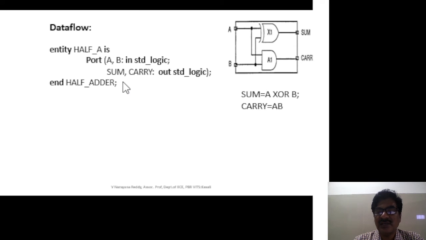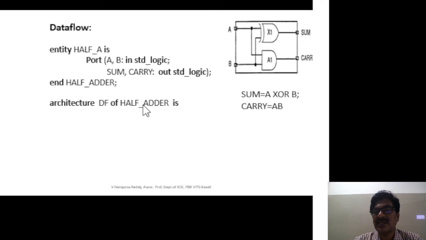Followed by this we have the architecture body. The architecture body syntax starts with the word architecture, then the name of the architecture. Here I am giving the name as data flow, just DF, of which entity it is related to, half adder. Whatever the entity name for the half adder is, the same name you have to write.